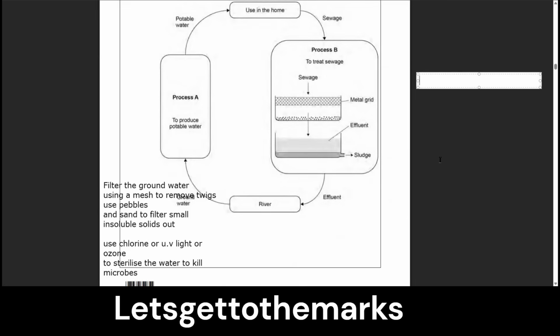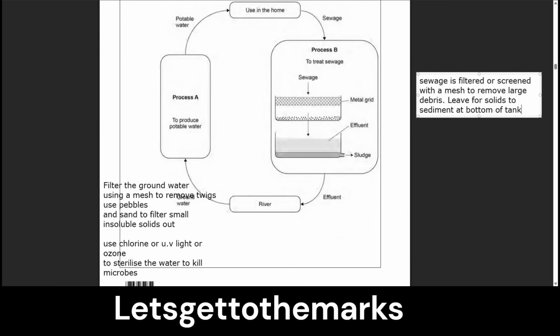So for process B, we're going to take the sewage. Sewage is filtered, or screened they call it, with a mesh to remove large debris. So again, we want to remove sticks, rubbish, litter, anything that's in there with the metal grid. We're then going to leave it for solids to sediment at the bottom of the tank.